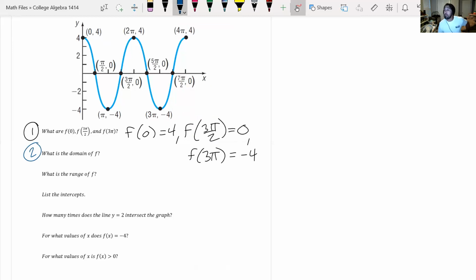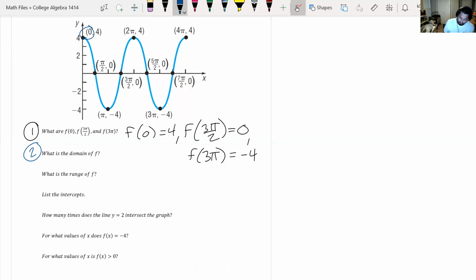2. What is the domain of the given function? All right, remember, domain deals with x values. So when we state domain, we always start from the smallest x value to the largest x value. So on this graph, where do my x values start? Well, my x values start at 0.